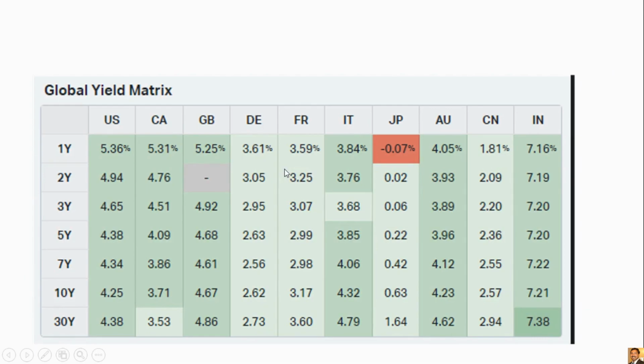And this is the global yield matrix. Why are they increasing the interest rates and making global liquidity tight? The reason is mainly that the short-term yields are greater than the long-term yields. If you see here, 1 year is 5.36 and 2 year is 4.94. All these are in inversion. That's the reason global liquidity is very tight right now.